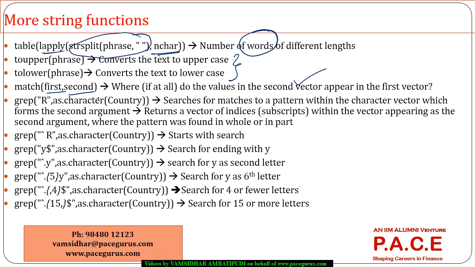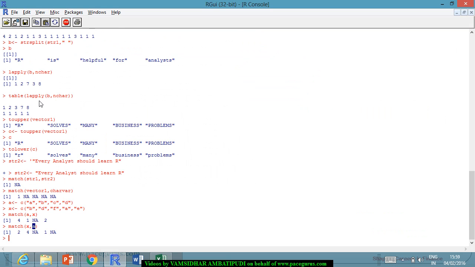Then the other thing is grep, especially when I am trying to look for something. Let's say I'm looking at a data frame. So let me read one of the tables. Let me go with read.table.